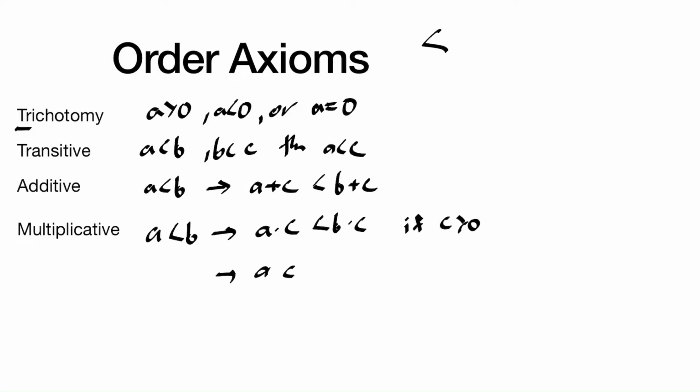However, if C is a negative number, then we know that that inequality switches directions. Okay, again, these are just our axioms. These are things we saw in transitions class, so I don't want to overwhelm ourselves with that.